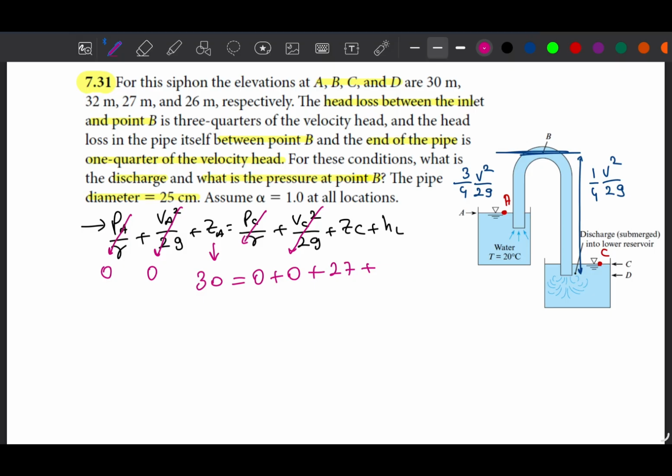Here we are going to use head loss. So let's look at what the question says. Question says we have 3/4 of velocity head loss and 1/4 of velocity head loss.